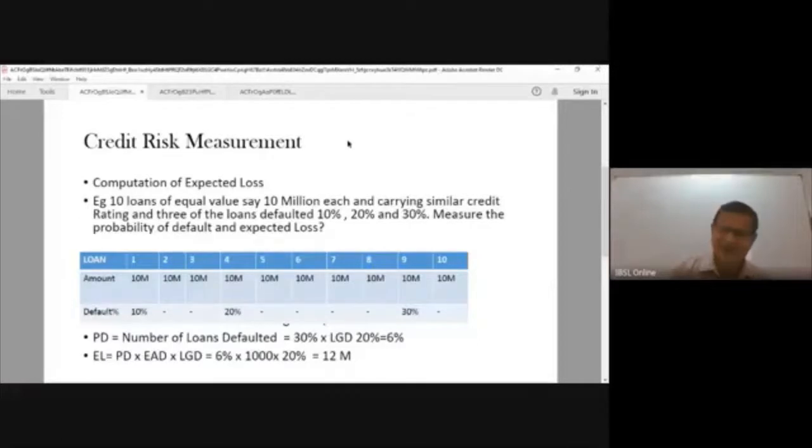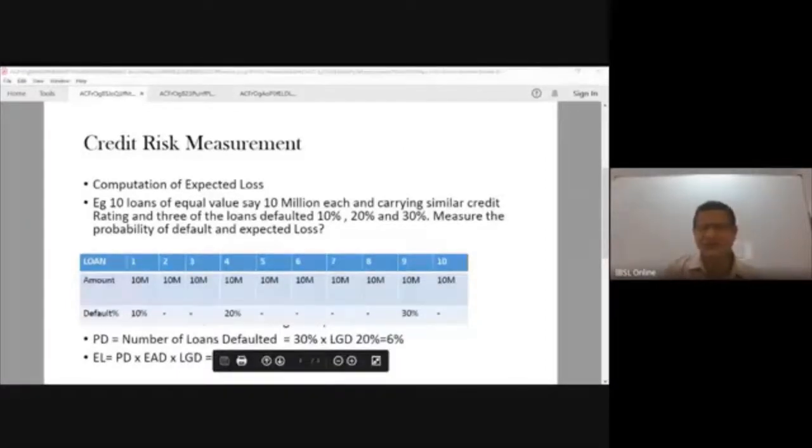So from that time onwards, we need to go on for 5 years or at least 3 years to arrive at similar credit rating loans of a similar value for similar duration, and then based on the losses they have suffered, when those statistics are available, they could compute the expected loss from a similar credit rated model.